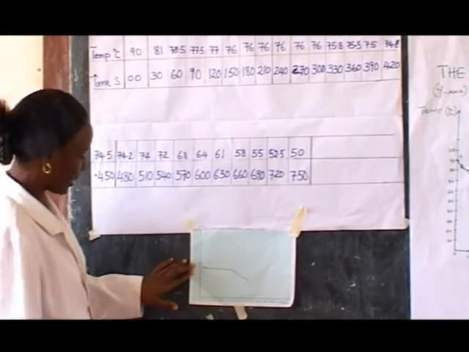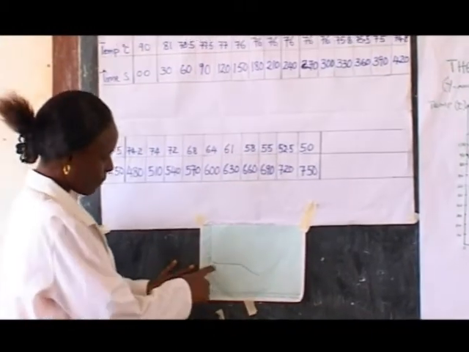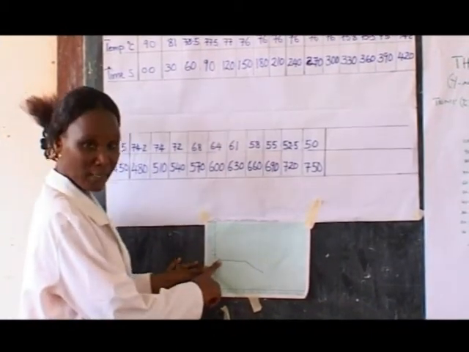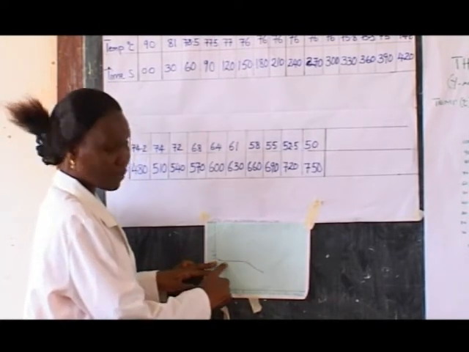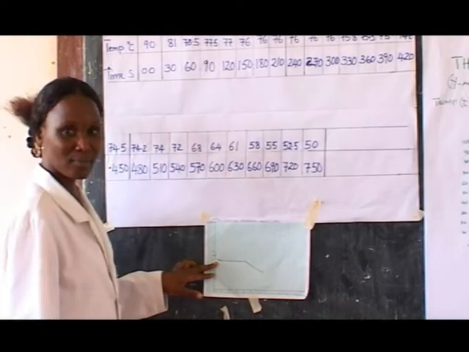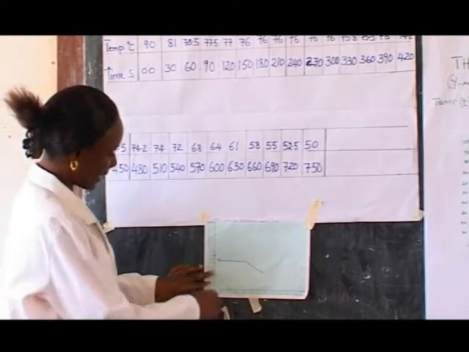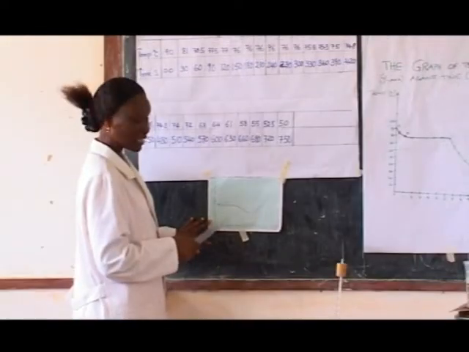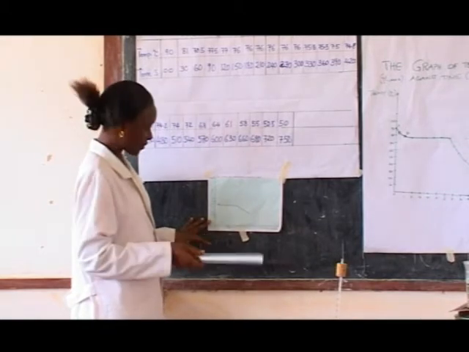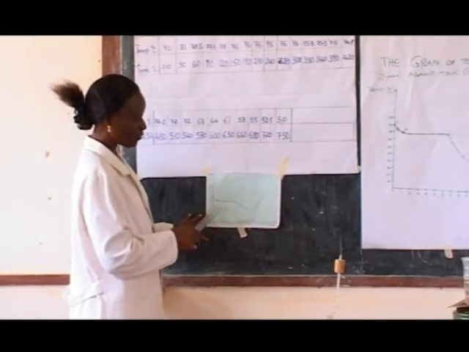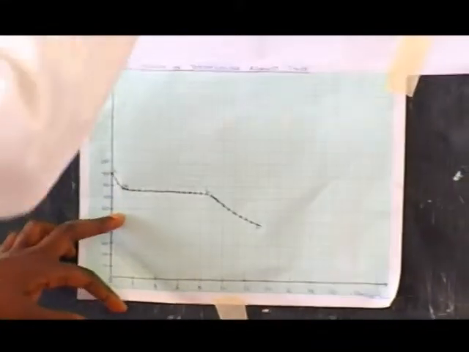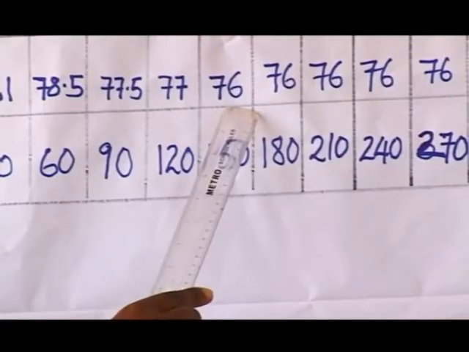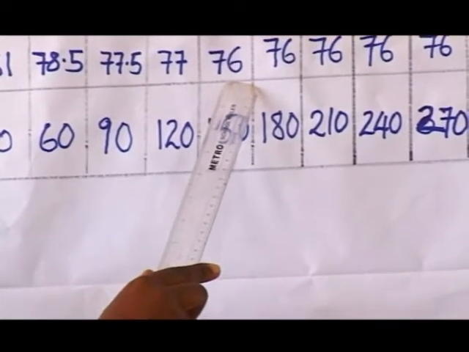As you see from the graph, from point B to point C, the temperature is constant. This shows that the melting point of the naphthalene is the flat part in the graph, which is at a temperature of about 76 degrees centigrade.